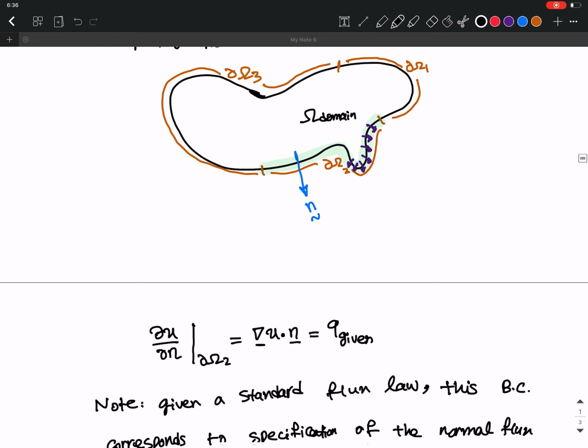Another example could be heat flux. You can say you want the heat flux going out of a boundary to be zero, right? So the way you can set that is to say that, for example, your dT/dn should be zero along that. So this means that you don't have any temperature flux, and the temperature here and here should be equal, but it shouldn't necessarily be equal to the temperature over here, right?